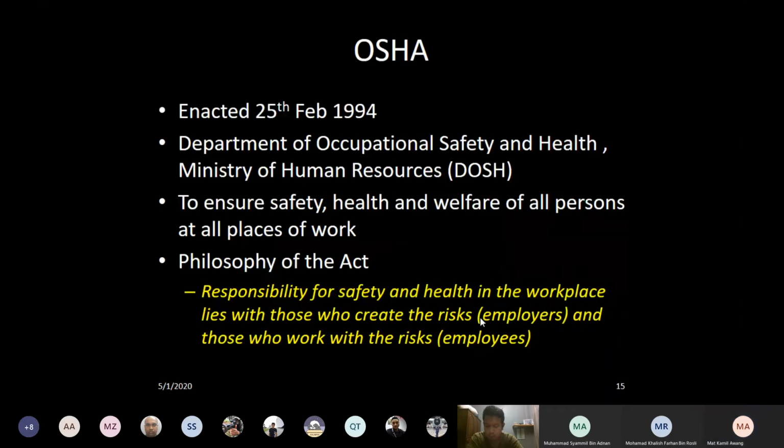So you are also responsible for the safety and health in the workplace, and also the safety and health of your product or your product design. So the safety of the labs, for example, also falls under this act.